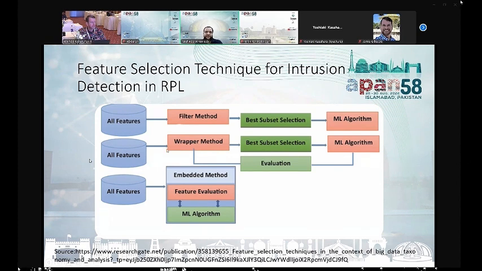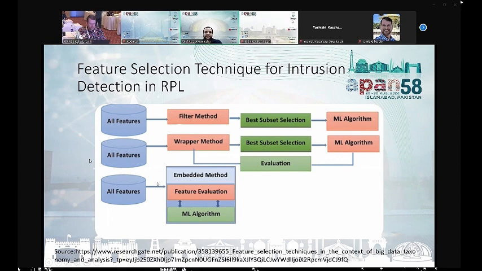The second type, which is called the wrapper method, includes algorithms like recursive feature selection and meta-heuristic algorithms. This type evaluates a subset of features using a machine learning algorithm, and this process is repeated until the optimal set of features is obtained.